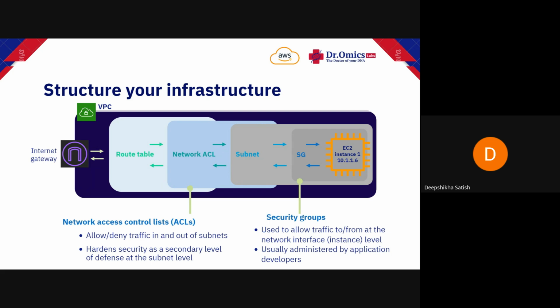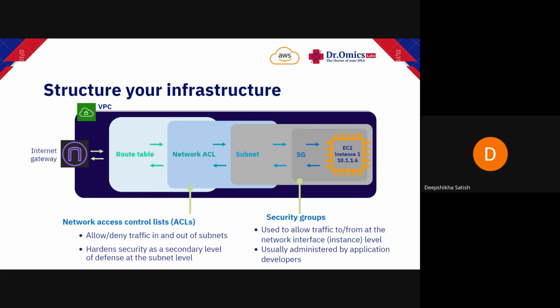These all things they need to handle. NACLs are stateless, meaning they evaluate incoming and outgoing traffic separately, and then they create broad subnet-level security control. So this is an important step.